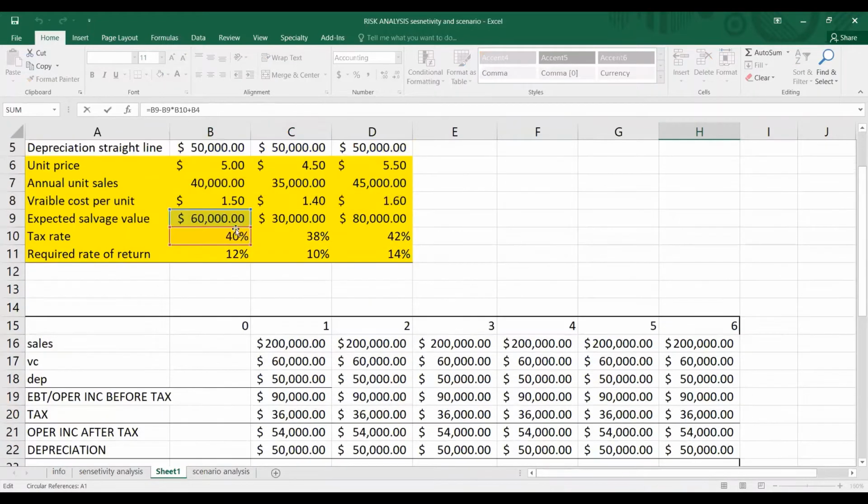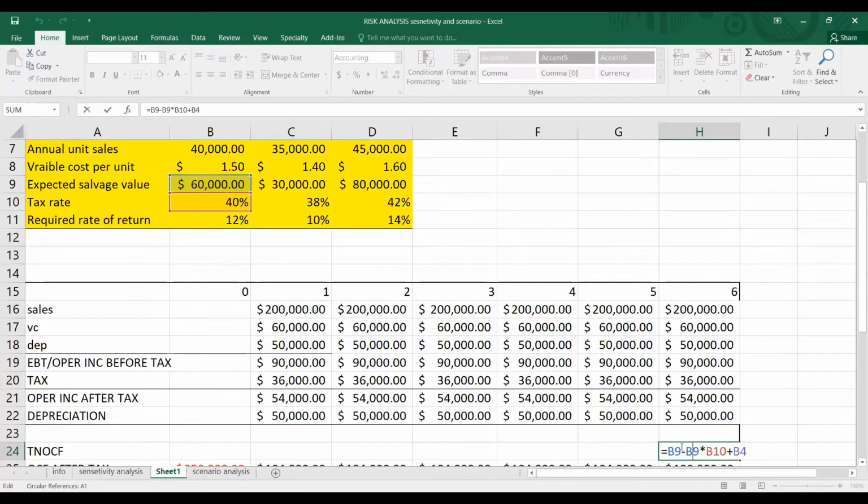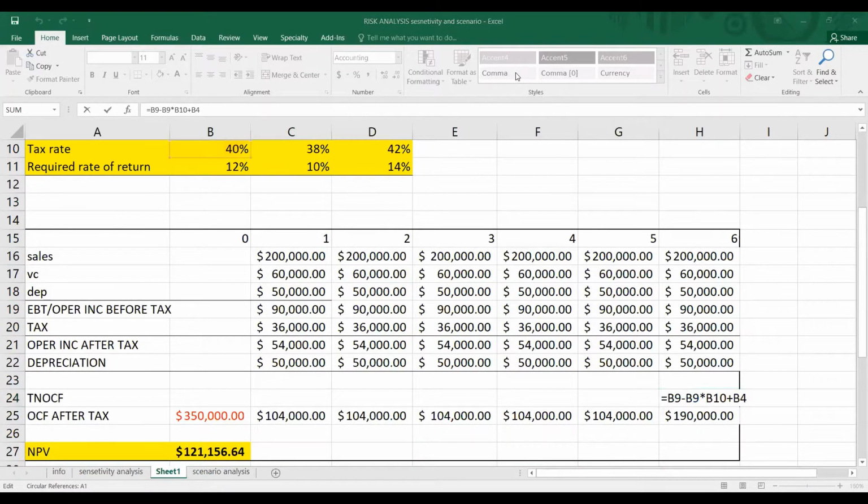So that means 60,000 minus the tax amount on that 60,000, so 60,000 minus 40% of 60,000, plus the net working capital.